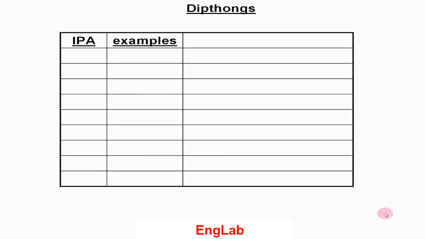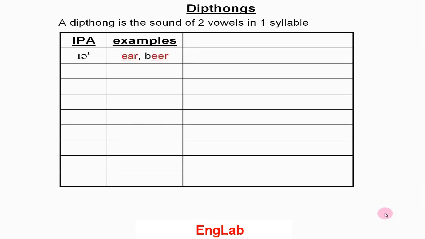Now let's talk about diphthongs, okay? What is a diphthong? A diphthong is the sound of two vowels in one syllable. For example, ear, beer. Poor, pure, tourist.